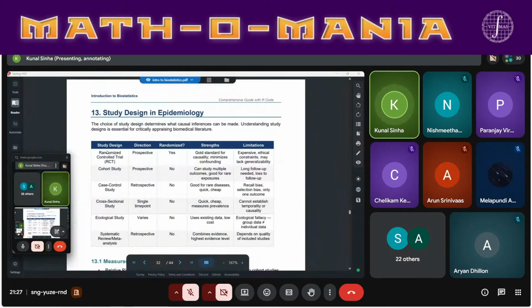There are different tests and studies that we design when studying diseases or cancer or something else. When we do case studies, whether it is retrospective or prospective, single point, or variable time, we observe at different points in time. Is it randomized? What are the strengths and limitations?